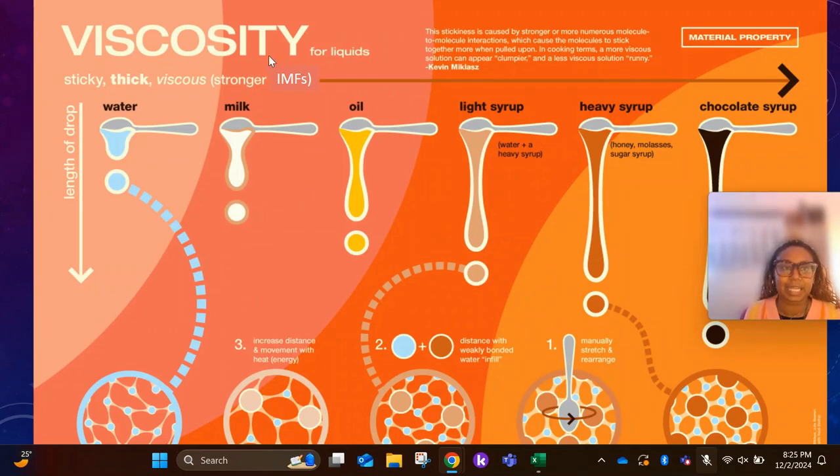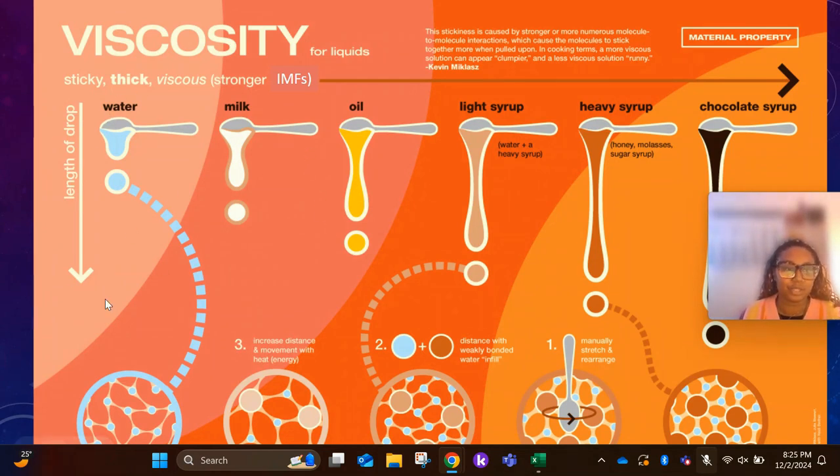Viscosity is basically like how thick or sticky a liquid is, right? So it explains it up here a little bit. This is a property. This is a physical property. So the more viscous a substance or a liquid, the thicker that liquid is, okay?